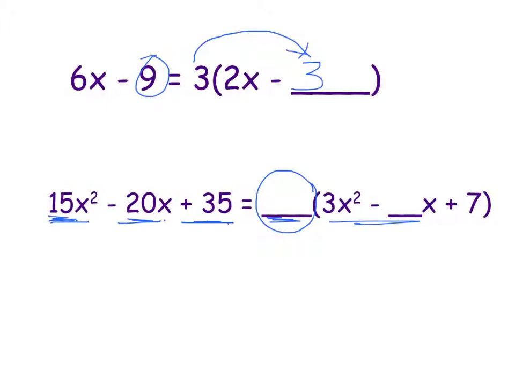If I look at the numbers though, 15, 20, and 35, the greatest number that goes into all of them is 5. So I can factor out a 5. So 5 times 3x squared gives me 15x squared. 20 divided by 5 is 4, so 4x. And 35 divided by 5 is 7.